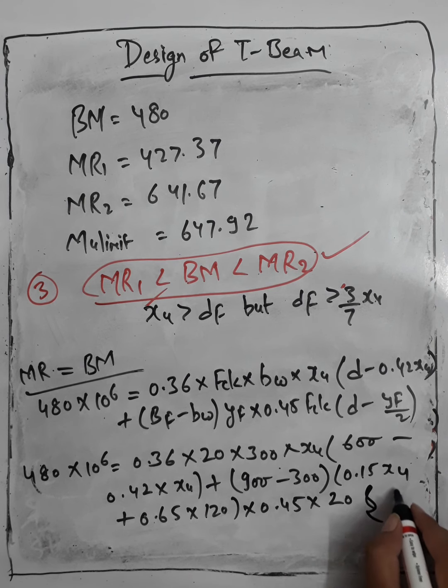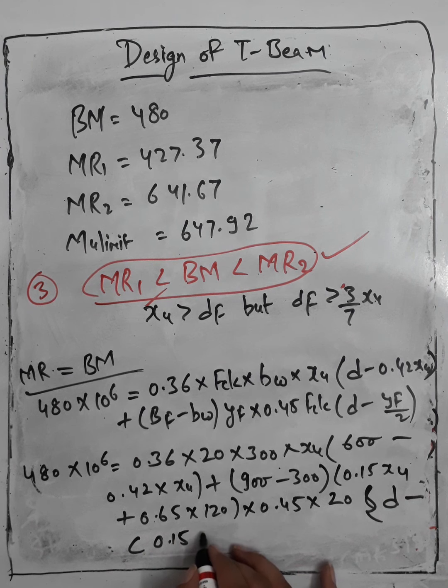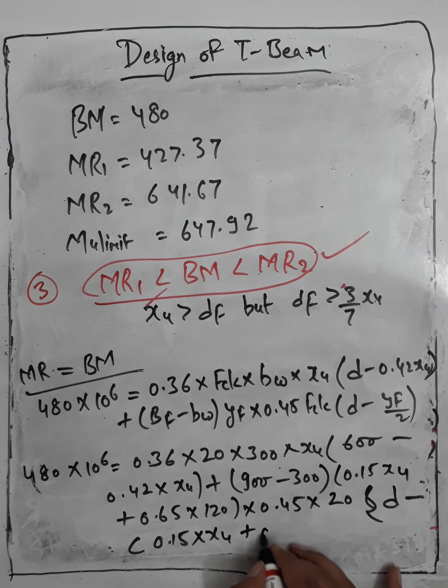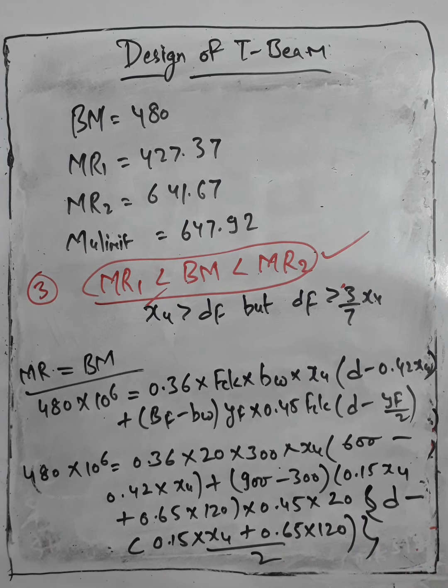Again d minus the small bracket (0.15 xu + 0.65 × 120) divided by 2. So this is the equation, and in the equation we have to put all values. Now we have to solve this equation.